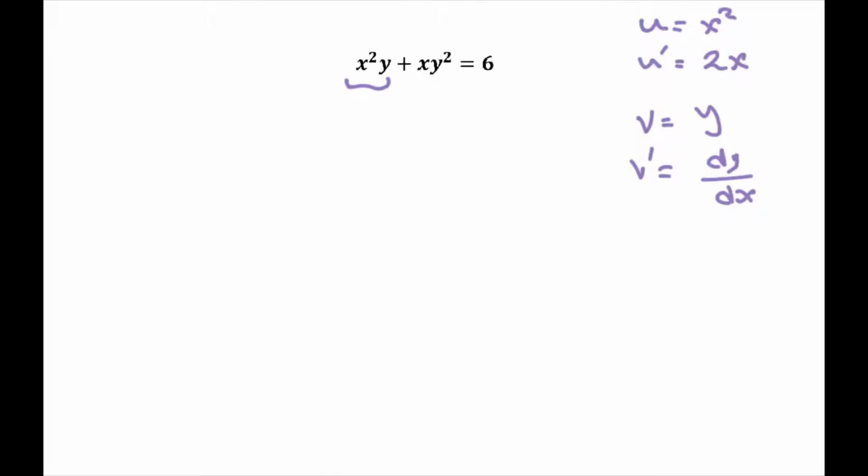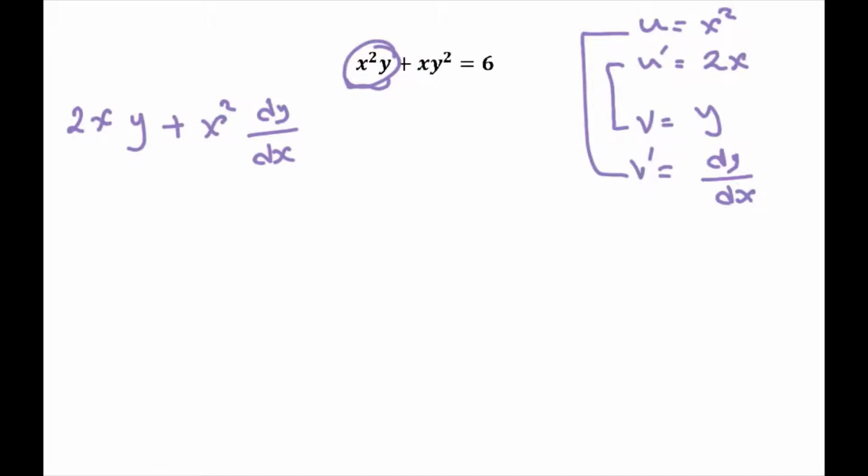It's not a constant. y is not a constant. Now, we will do u prime v plus u v prime. So u prime, 2x, times v, which is y, plus u multiply v prime, which is dy over dx.